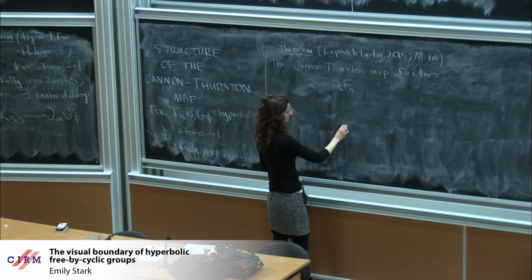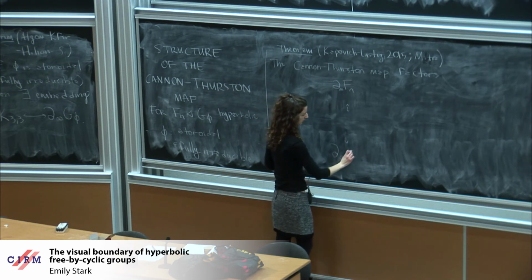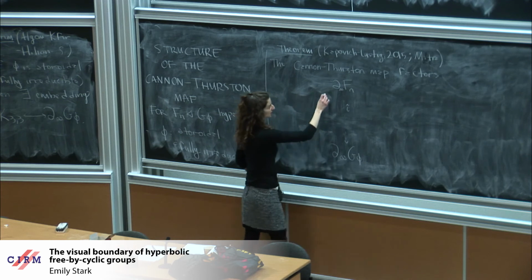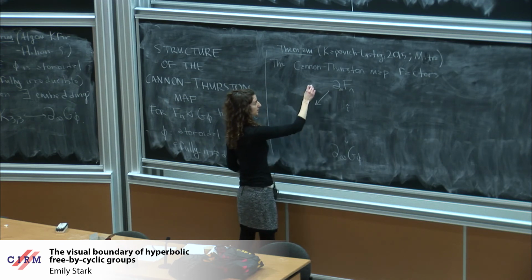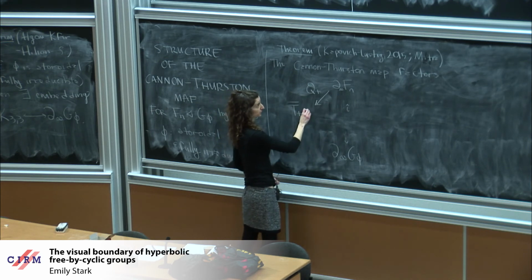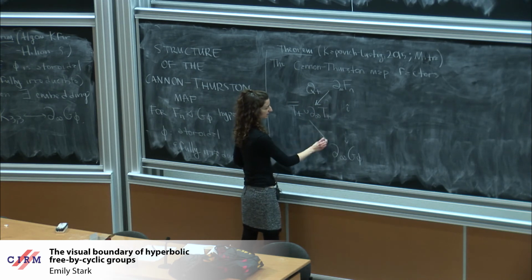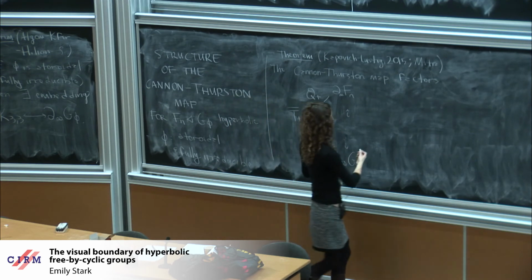So the Cannon-Thurston map goes from the boundary of the free group to the boundary of the free-by-cyclic group, and it splits via a map called Q plus to the metric completion of the attracting tree for phi, union its boundary, and then to the boundary of the free-by-cyclic group via a map called R plus.